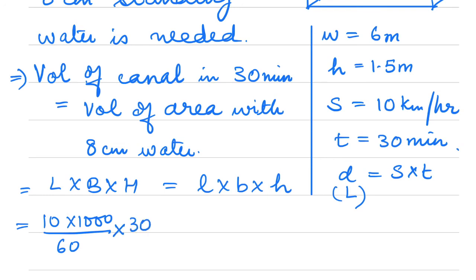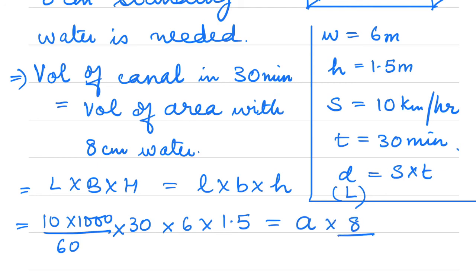This gives me the length of the canal. Then breadth or width is 6 meter and height is 1.5 meter. On this side, length into breadth will be the area, which we have to find, and height is given as 8 centimeter, so convert into meters by dividing by 100. Now everything is in meter and minutes.